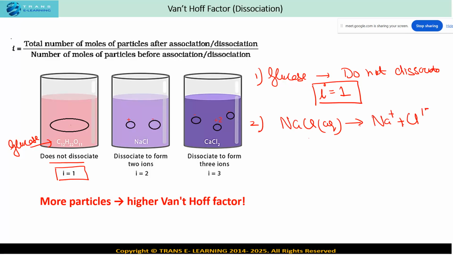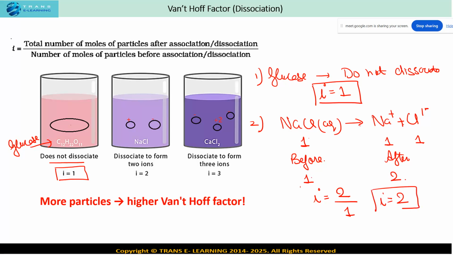Here the number of moles before is 1 and after dissociation it is 2, one and one. So the Van't Hoff factor is the total number of particles after dissociation, 2, over the total number of particles before, 1. So in this case, the Van't Hoff factor is 2, which is greater than 1.